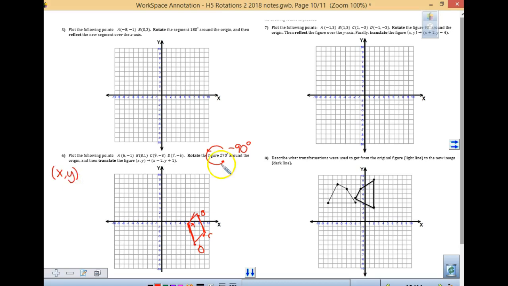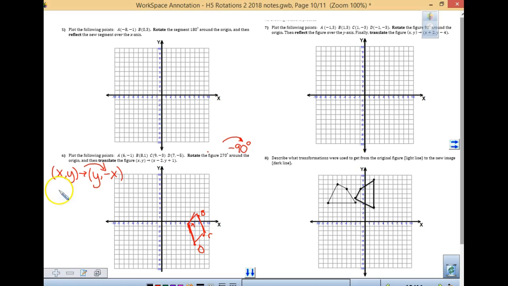We want to go with the rule for the -90, which tells us our arrow should point at the second one, y, -x, right? 270 counterclockwise is the same as a -90 if we are looking at it clockwise. So when you list the points, they're already listed for A, right? So all you really have to do is list A prime.